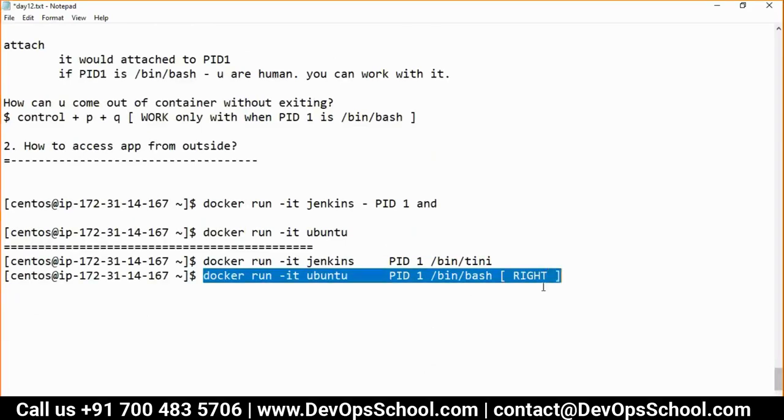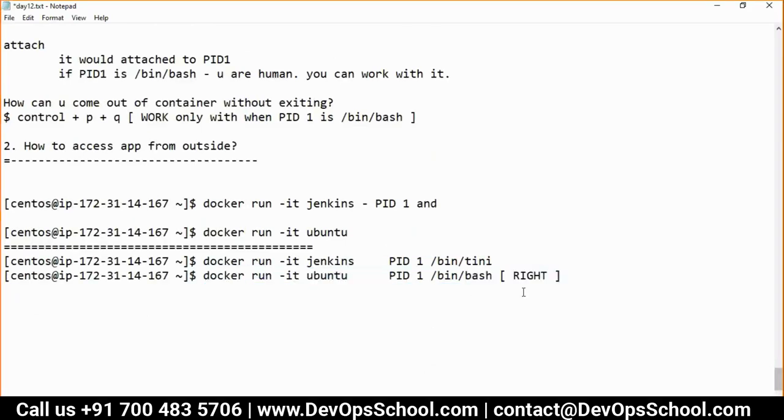To run Ubuntu in interactive mode, we need to add /bin/bash. No. Someone help me because I've almost lost the words actually. Anyone who understood can help me here? Rajesh. No, actually, in Ubuntu, since it is an OS image, that feature is there, so we will interact with Ubuntu.